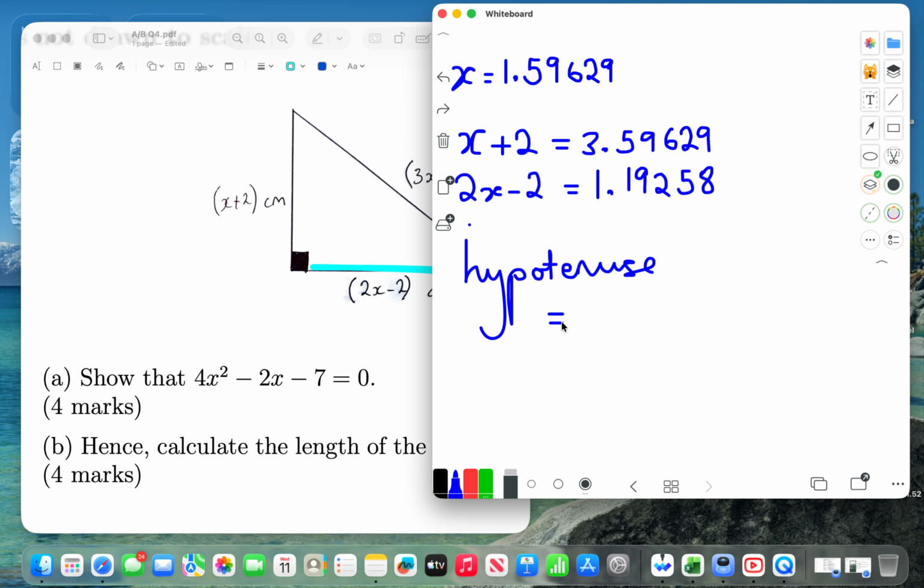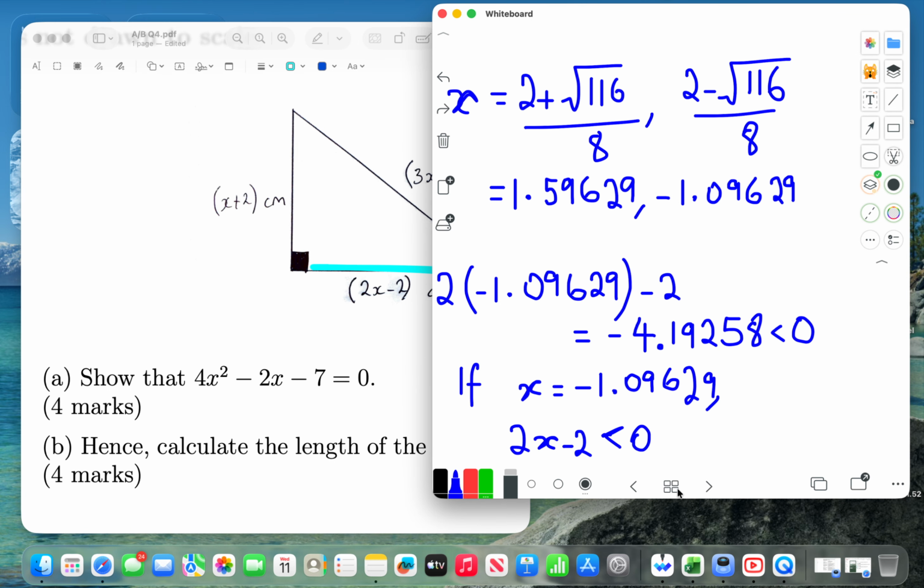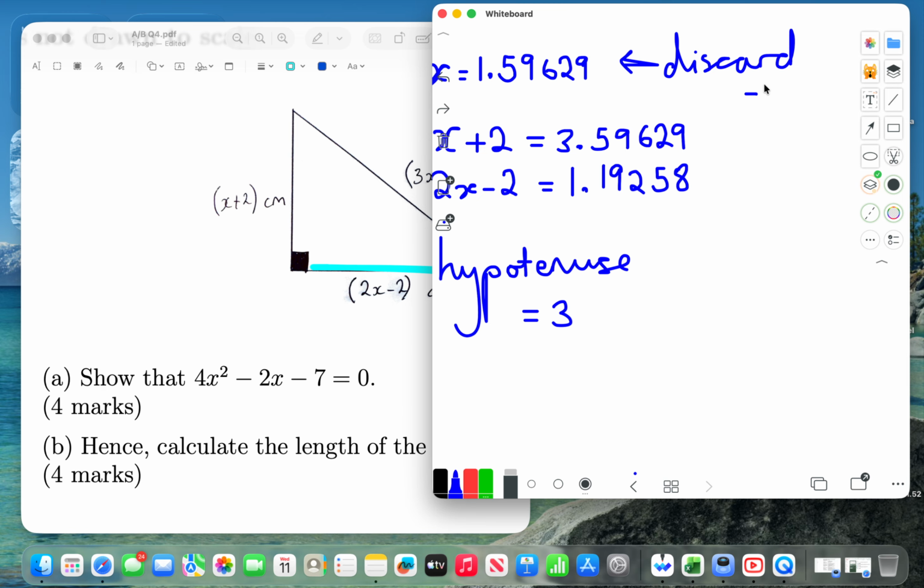So this is the value of x that you want to go with. So we'll say discard minus 1.09629 as a solution.